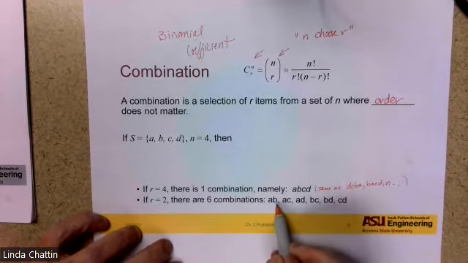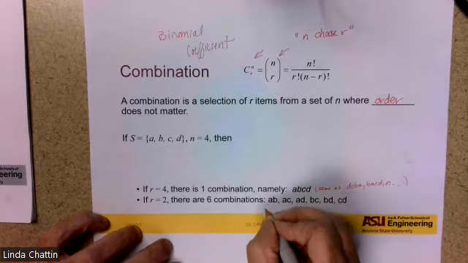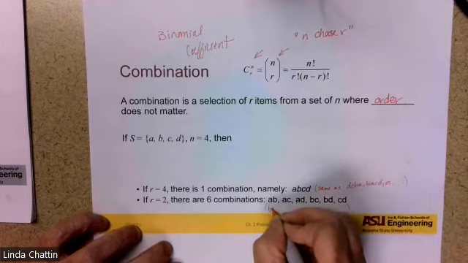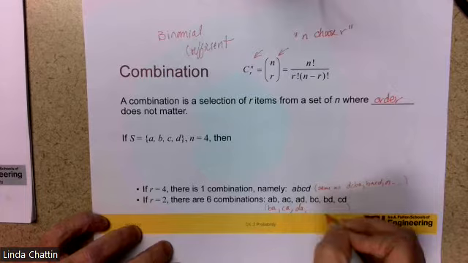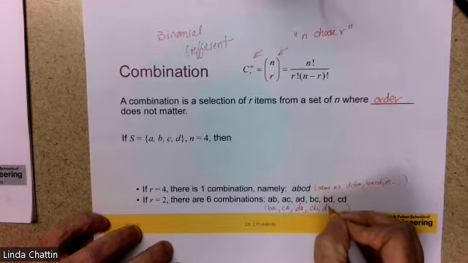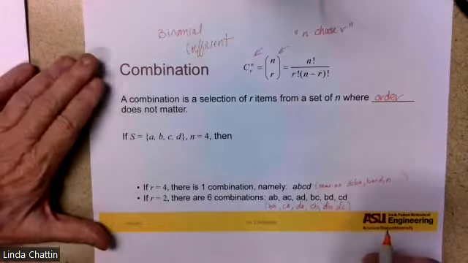So we would have AB, AC, AD, BC, BD, and CD, where AB would be the same as BA, and AC would be the same as CA, and you get the idea. So order does not matter here at all, and we can count them, and so that would be 6.